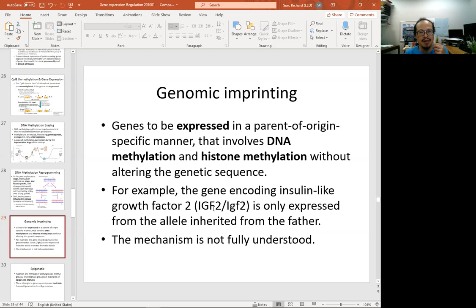This gene modification is also stage dependent and tissue dependent. It is affected by age and by influence from the environment.